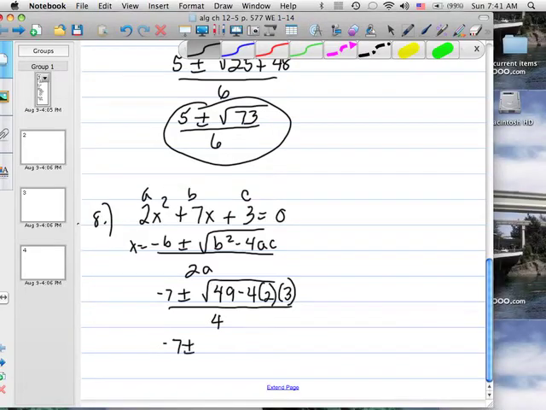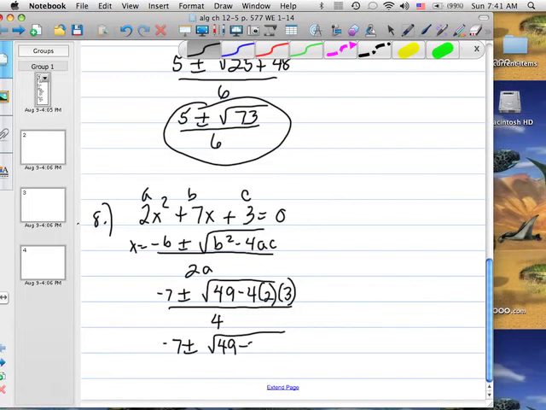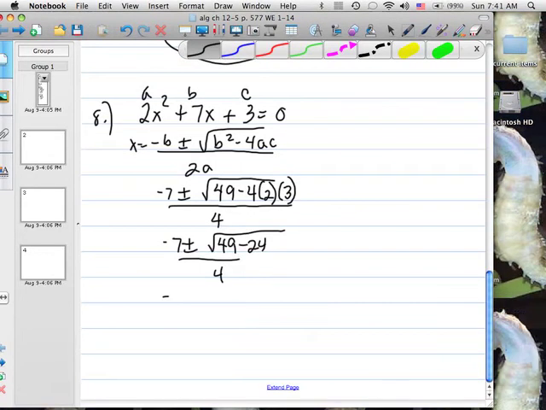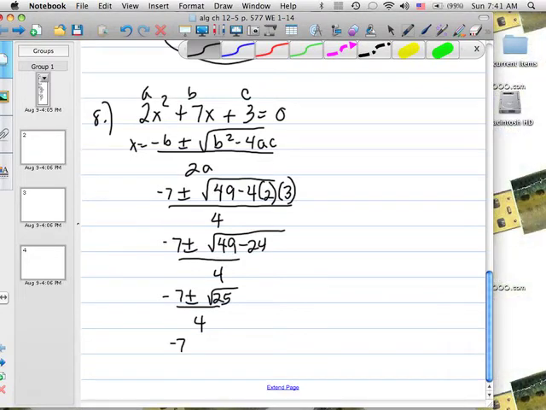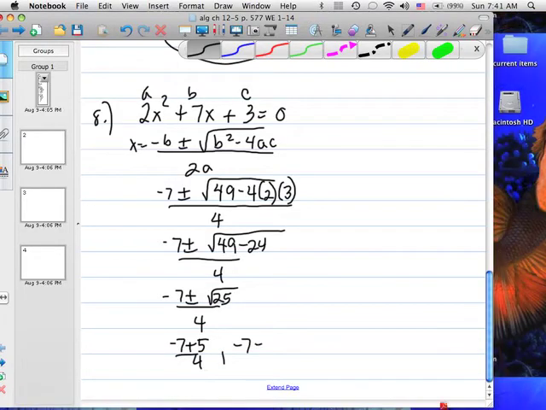It's negative 7 plus or minus the square root of 49 minus 24 over 4. So that's negative 7 plus or minus the square root of 25 over 4. So negative 7 plus 5 over 4, and negative 7 minus 5 over 4.